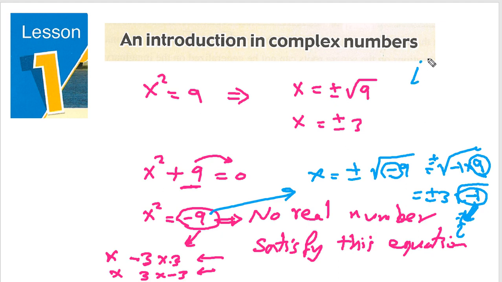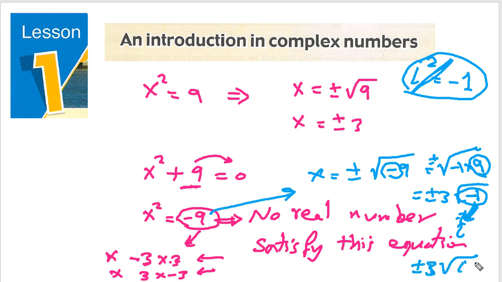Then we will put I squared is equal to what? Negative 1. Why? To get its square root. Here, if you have positive or negative 3 root I squared, it will be I. Then the solution here is positive or negative 3I.